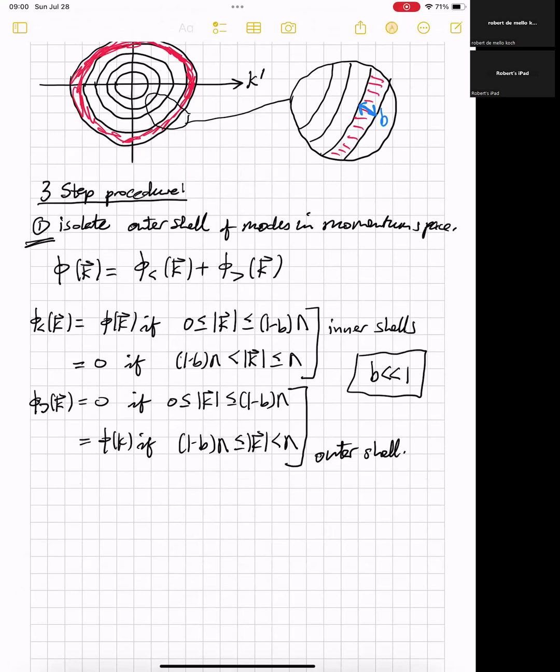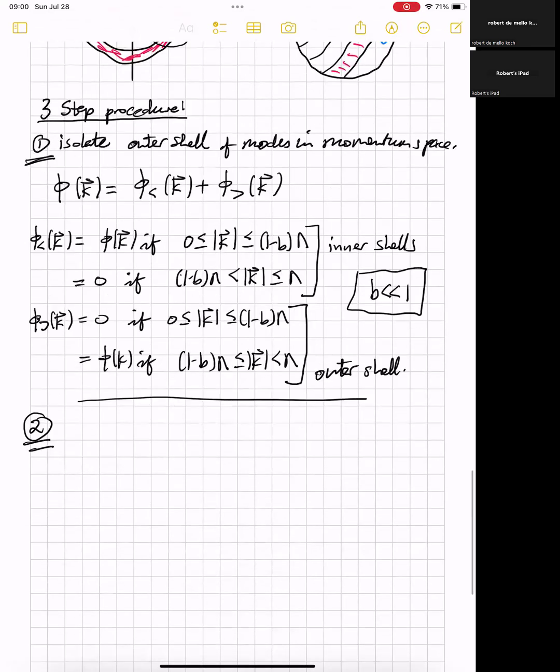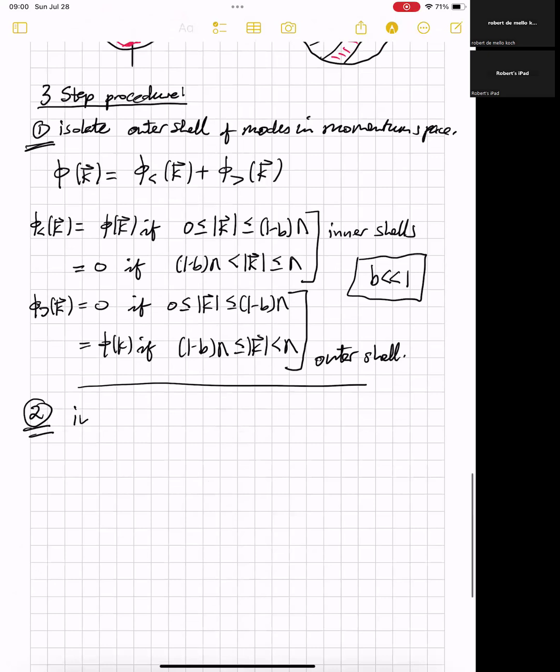Now, let's talk about step number 2. For step number 2, we integrate over a shell. What I have in mind is that we might be trying to calculate some correlator constructed only out of the phi less than modes.